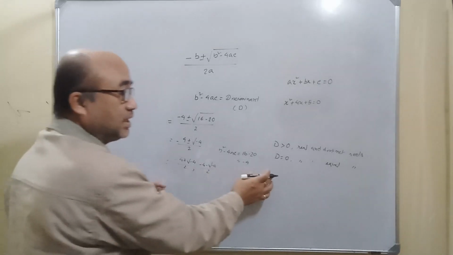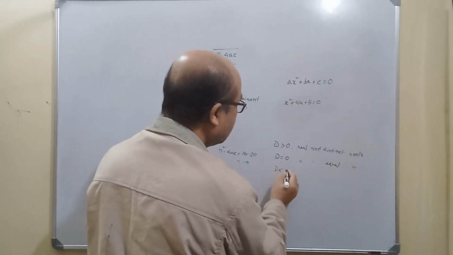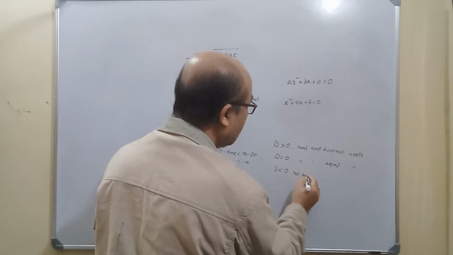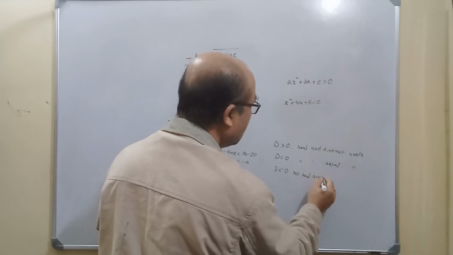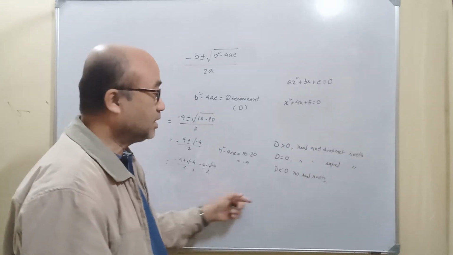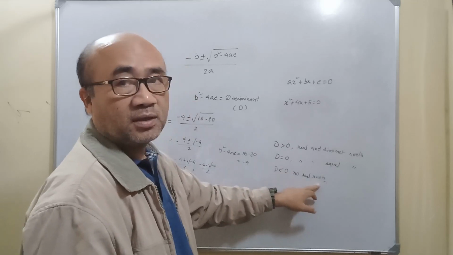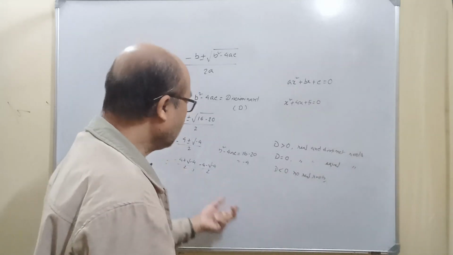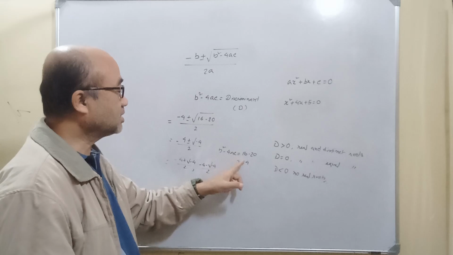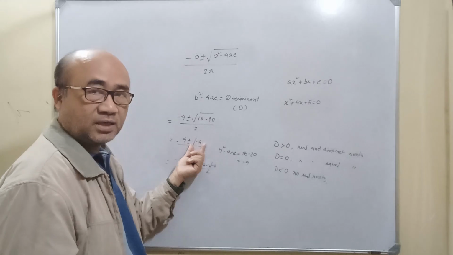So when the discriminant is less than 0, the equation cannot have real roots, because we are dealing with the square root of a negative number here. b square minus 4ac is a negative number, so the square root of this negative number is not real.